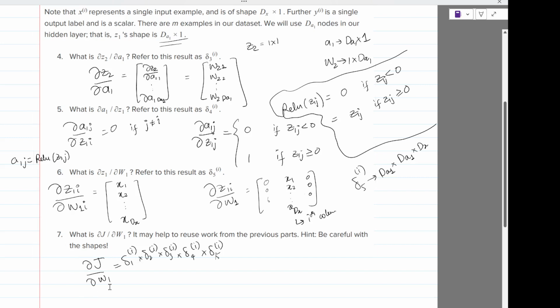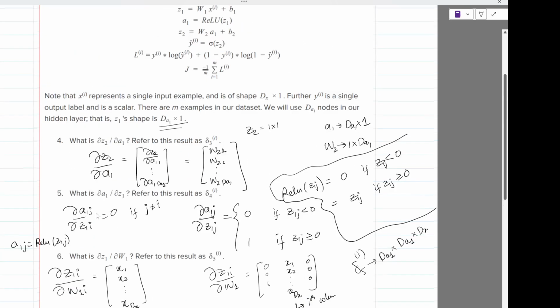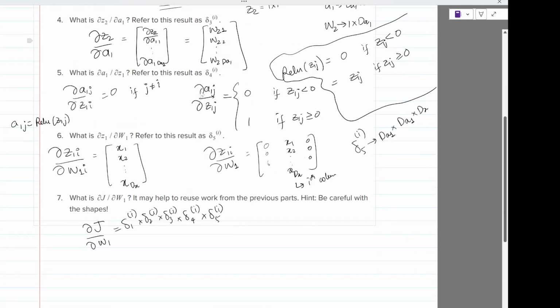But if we have these values, then we can know. And for this, because W1 is a matrix, so finally you should get a matrix. J is a scalar, the cost that you get from here. W1 is a matrix, so with respect to each entry, you will get a derivative.